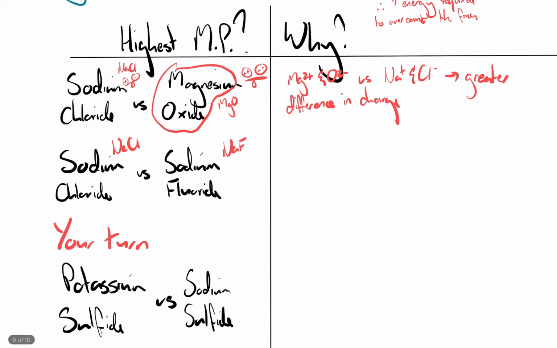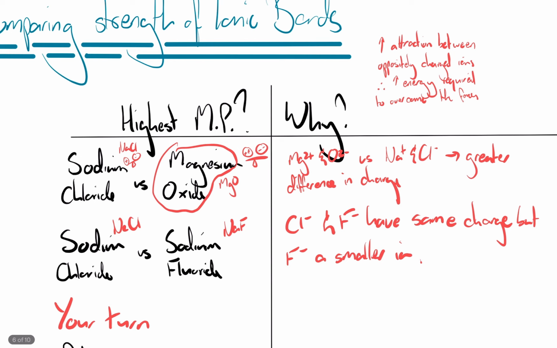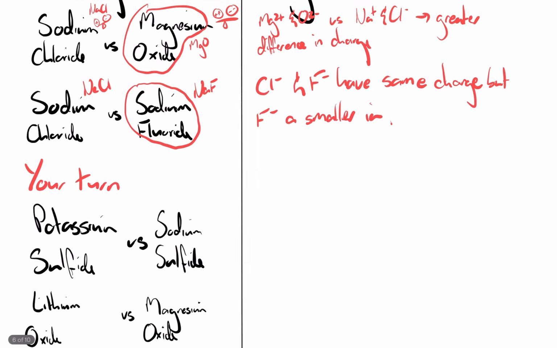So we can say Cl minus and F minus have the same charge. But F minus is a smaller ion, therefore greater attraction between oppositely charged ions, therefore more energy required to overcome the forces. So there are our responses to those.